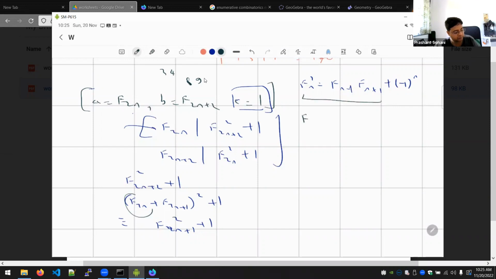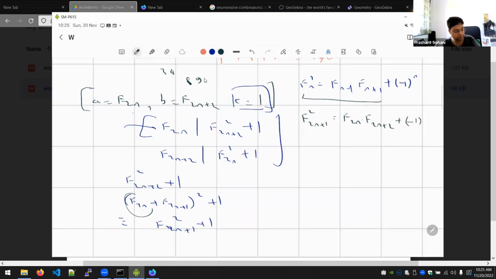So basically, f of 2n plus 1 square is equal to f of 2n into f of 2n plus 2 plus minus 1 raised to, so this is minus 1. So in other words, f of 2n plus 1 whole square plus 1 is equal to f of 2n into f of 2n plus 2. And therefore this is going to be congruent to 0 mod f of 2n, right?